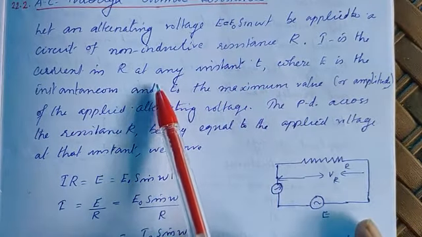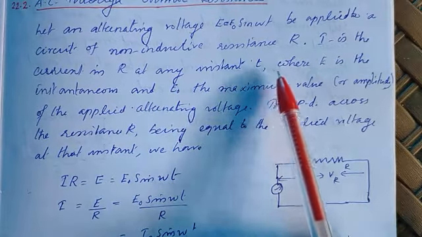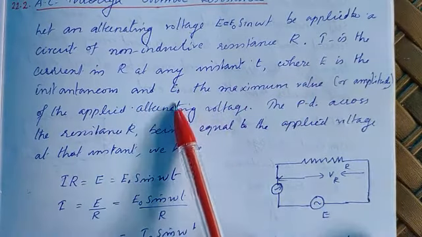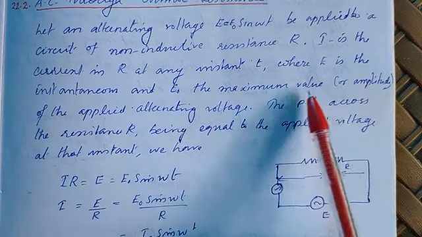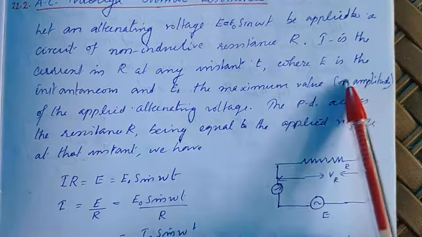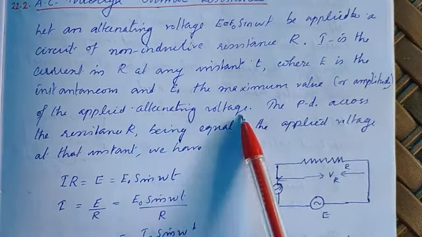I is the current in R at any instant t, where E is the instantaneous value and E0 is the maximum value, also called the amplitude of the applied alternating voltage.